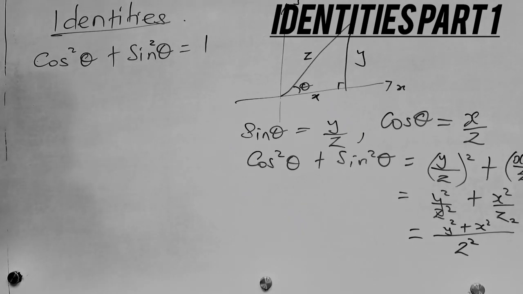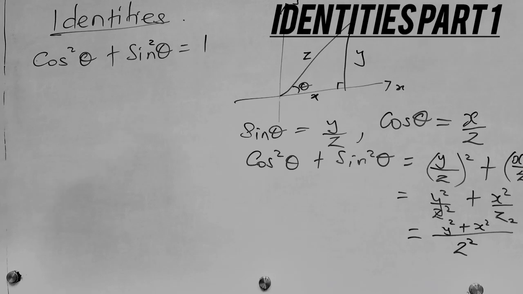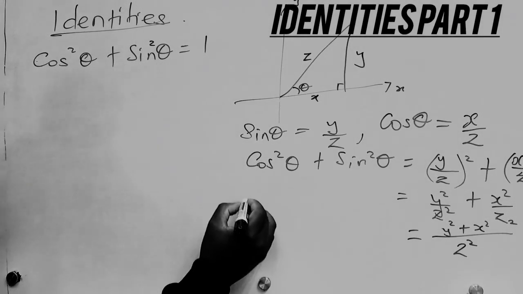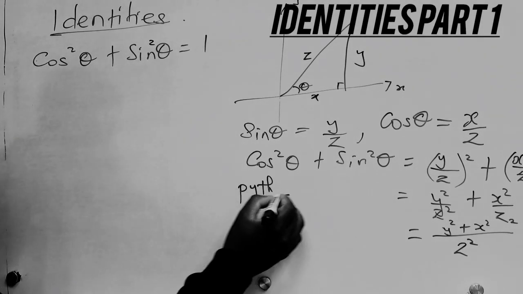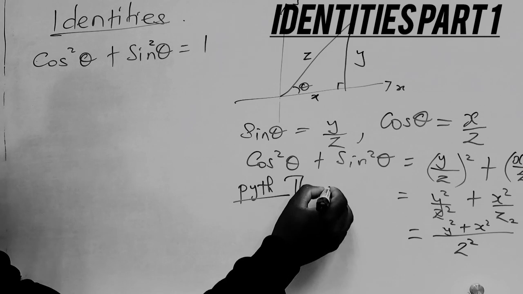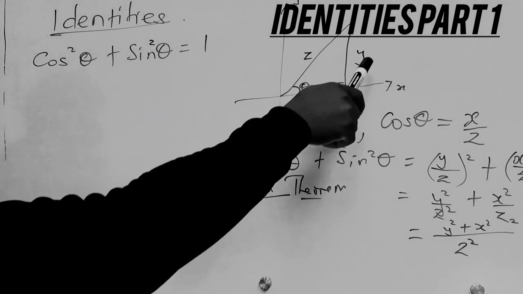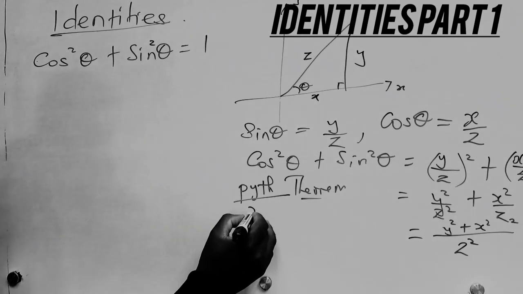We need to find out what y squared plus x squared is. By Pythagoras theorem, it states that x squared plus y squared is equal to z squared.